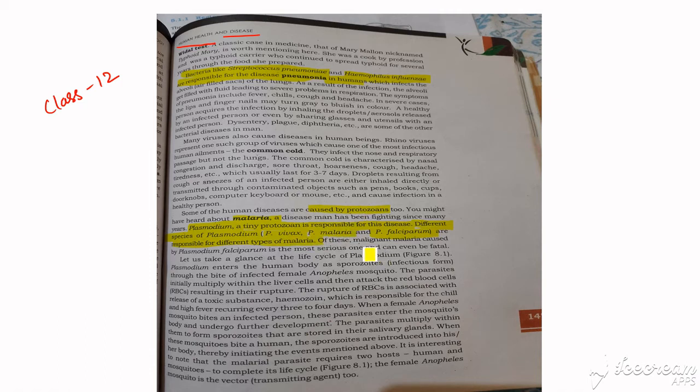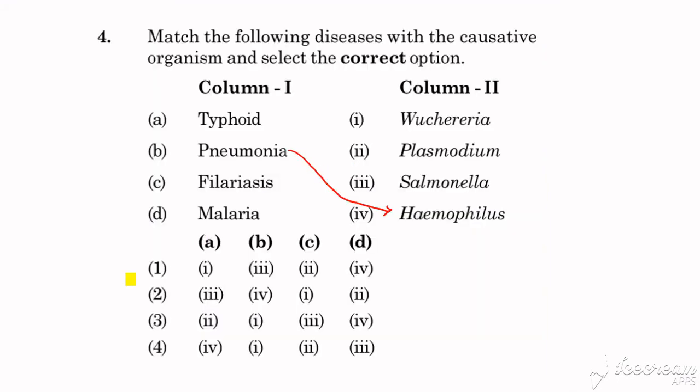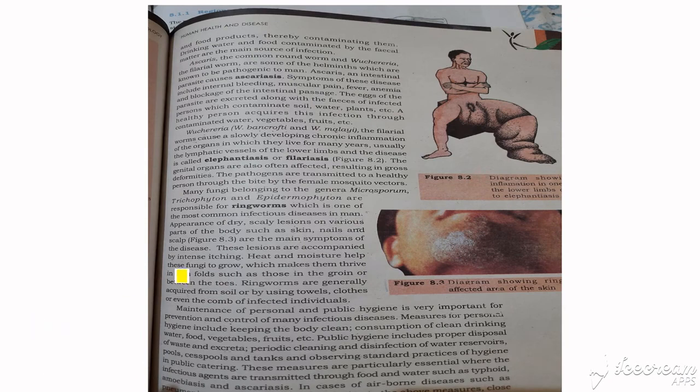Of these, malignant malaria, which is caused by Plasmodium falciparum, is the most serious one. So sometimes for 1 mark they can ask which is the serious one and can be very fatal, which is Plasmodium falciparum. But coming to our question, we got our answer, that is, malaria's is plasmodium. Okay, let's go next.